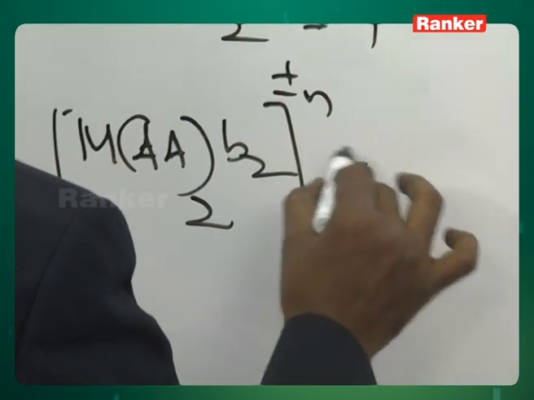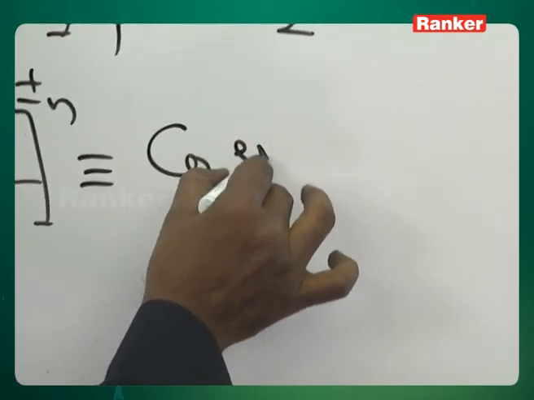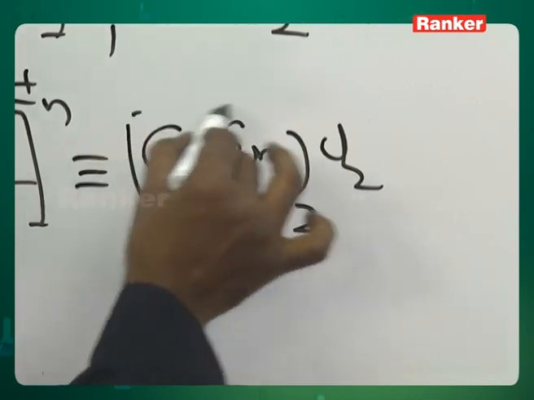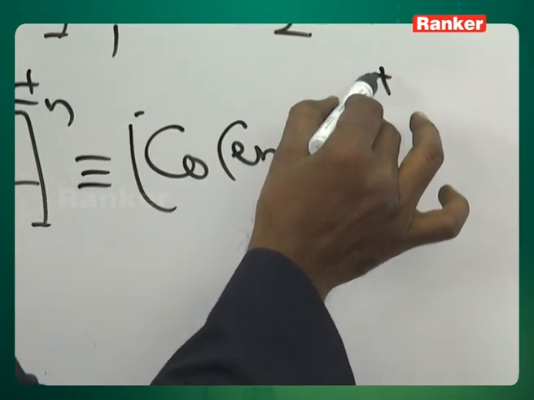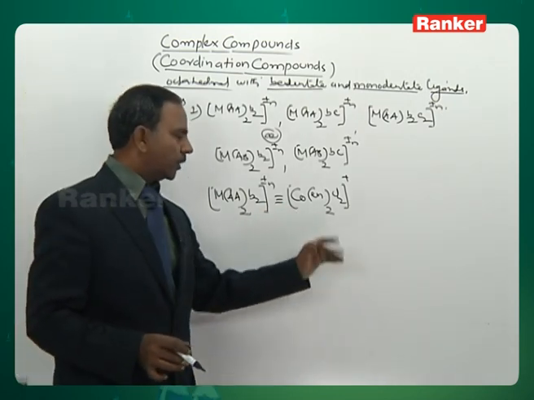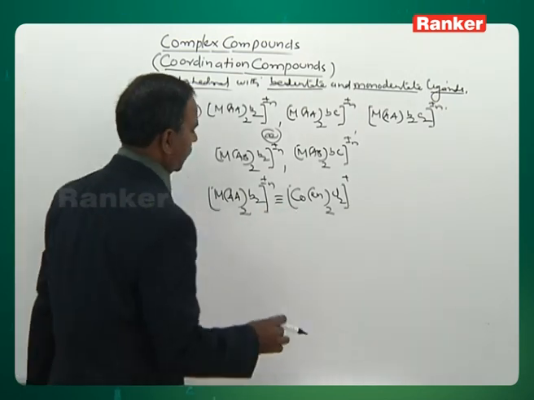Take the real example, Co(en)2Cl2 plus. How do we write the cis and trans structures for this complex?